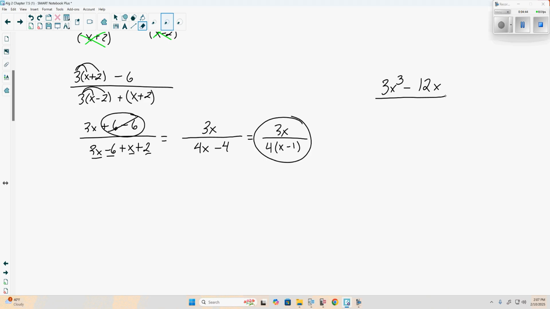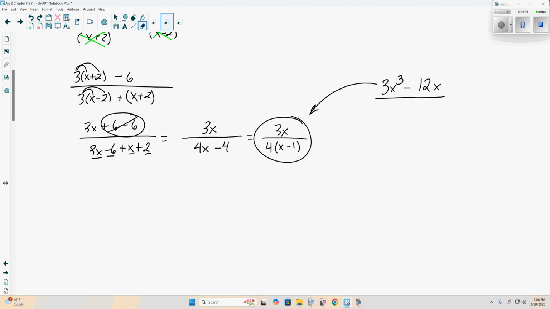Because just in the numerator alone, if we had left the x squared minus 4 in, this is where we would have ended up, at 3x cubed minus 12x. Well, we can see here that the extra factor of x plus 2 and the extra factor of x minus 2, two more than we needed, took the degree on top from 1 to 3.